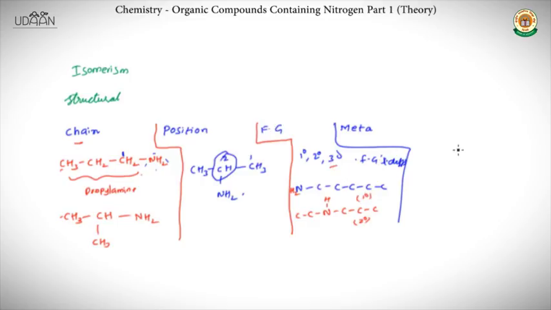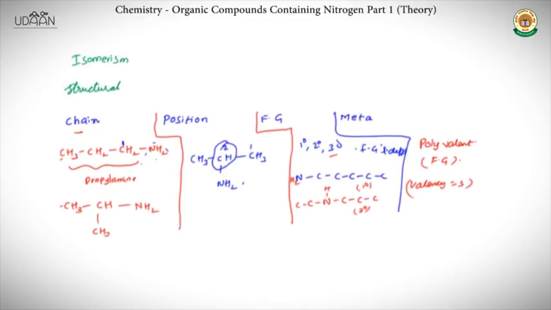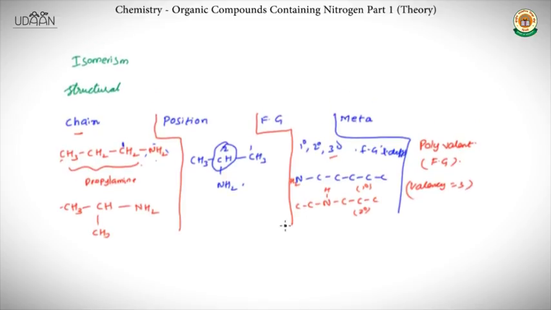Now let us see the metamerism. To exhibit metamerism, we know that the group should be polyvalent. That is, you should have a polyvalent functional group. You know that nitrogen is polyvalent because the valency is 3. So for the same polyvalent functional group, if you exchange alkyl groups, you are going to get metamerism.